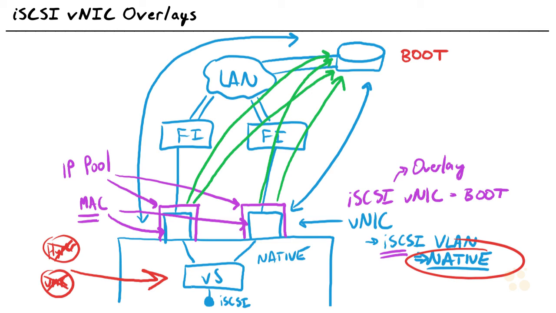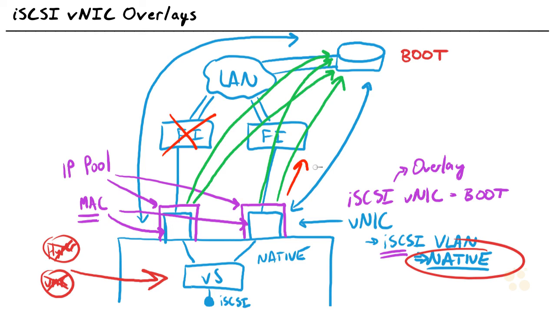In other words, this is fully resilient, right? If either of those storage array NICs goes down, as long as only one of them goes down, we still have a connection to the other. And if either of the vNICs goes down, which really means one of these fabric interconnects has gone down, then we still have the ability to get out via the other vNIC. So we have a fully redundant solution in this case.